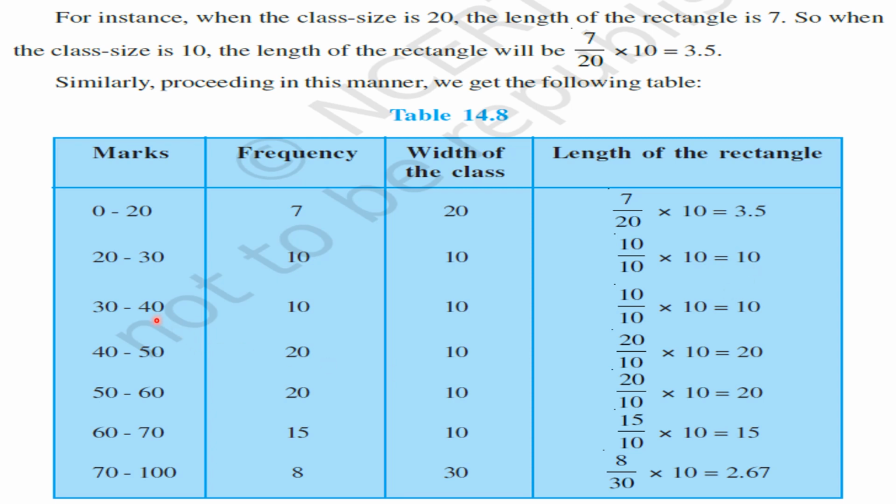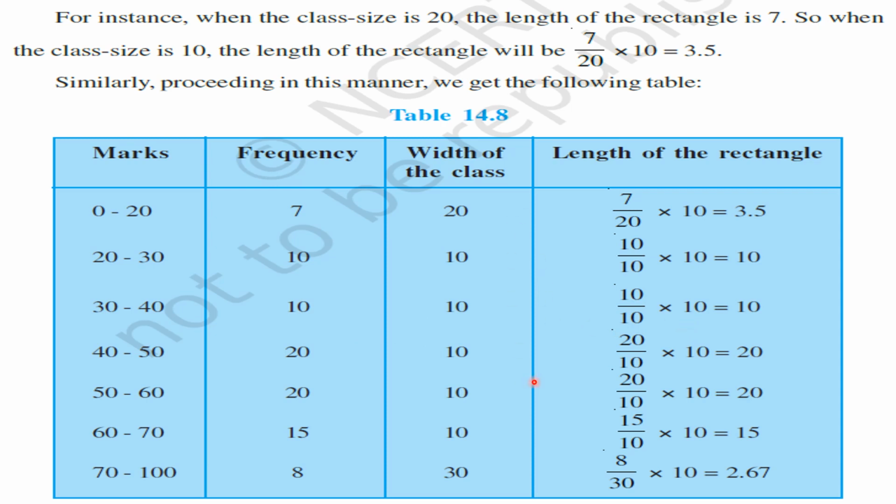Similarly, come to the third class. What is the frequency of this class interval? 10. Ten by the width of the class interval, which is 10, into the minimum class size.